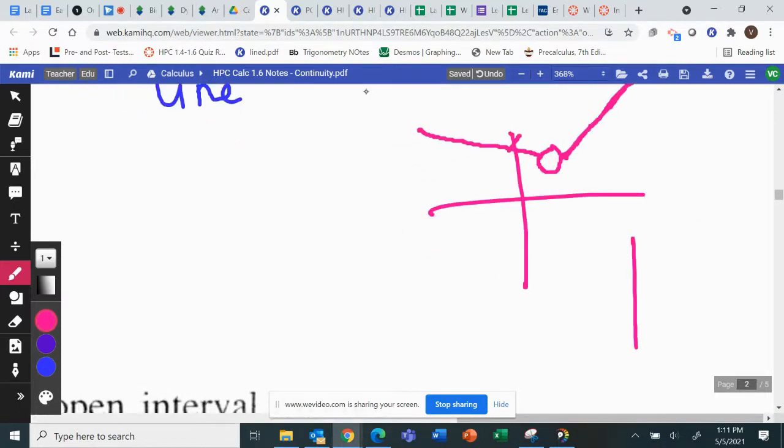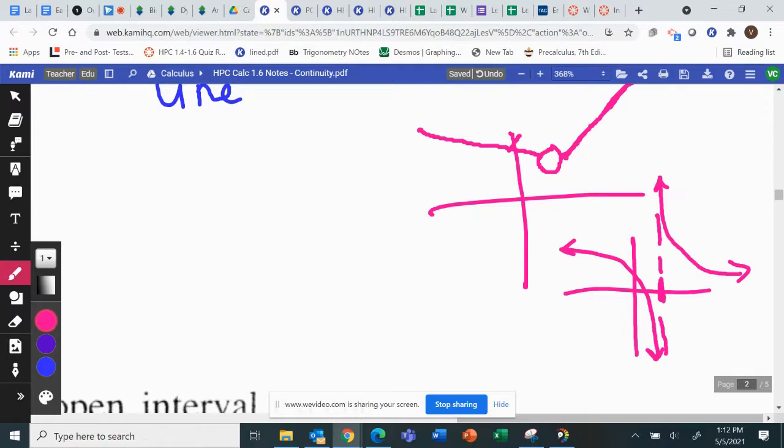If it was like one of those rational ones where they're getting closer and closer to this line, but what we're looking at is the y values, so they're going to different values, so that's non-removable.